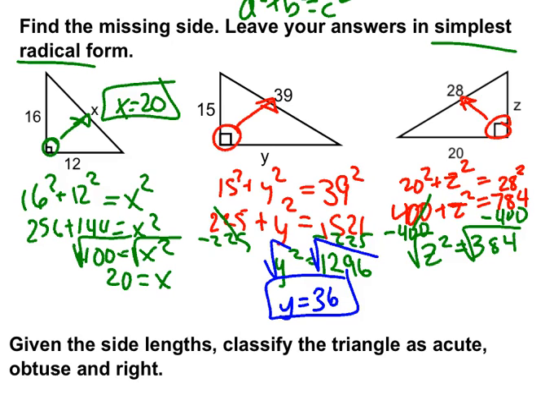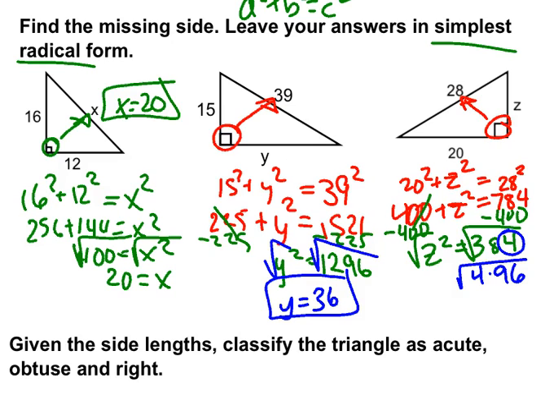I noticed that this ends in a 4, so it's probably divisible by 4, and 4 is a perfect square. So what we could really do is split that up into 4 times whatever is 384. 4 times 96 is 384.